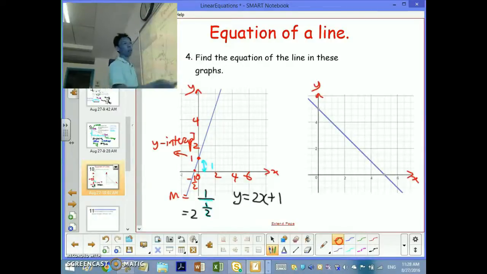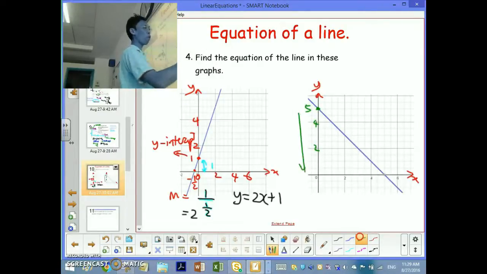And that's it. For this one, we see that the orientation is different. This is going to be a negative gradient. Up here, you can see that here's 2, 4, and here's 5.